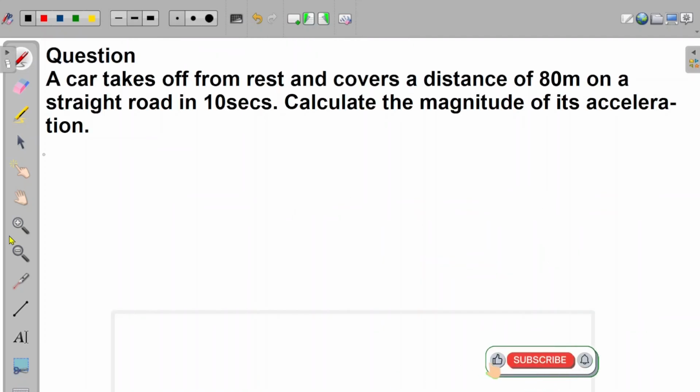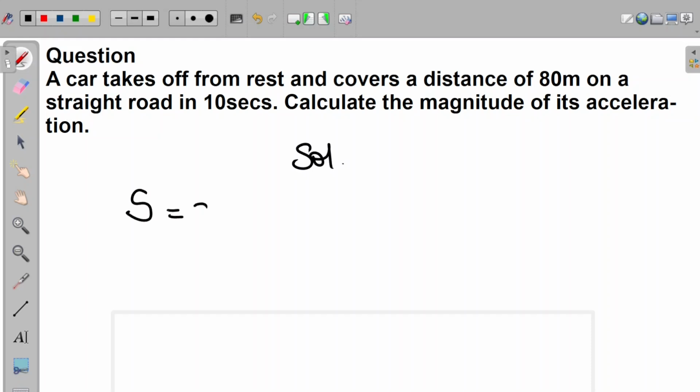Now the question says, a car takes off from rest and covers a distance of 80 meters on a straight road in 10 seconds. We are asked to calculate the magnitude of its acceleration. So the car covers a distance, so s is equal to 80 meters.